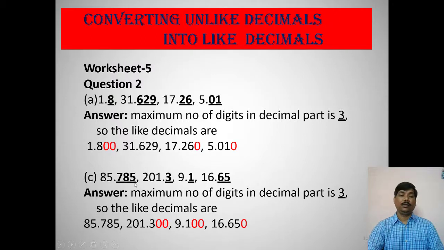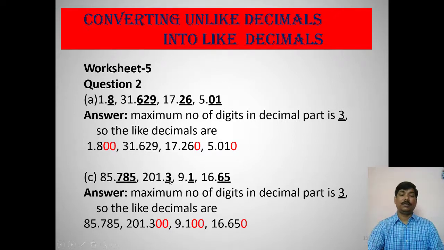First we see the maximum number of digits in the decimal part. Here the maximum is 3. So we have to make the number of digits in the decimal part 3 by writing zeros. So this one has the maximum number of digits, so we'll write the same, 85.785.